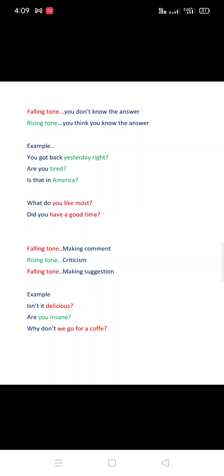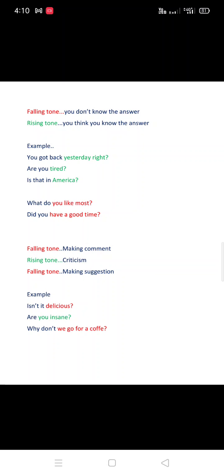Now, it's very interesting. Falling tone is used when you don't know the answer, and rising tone is used when you think you know the answer. Like, you got back yesterday, right? Are you tired? Is that in America?